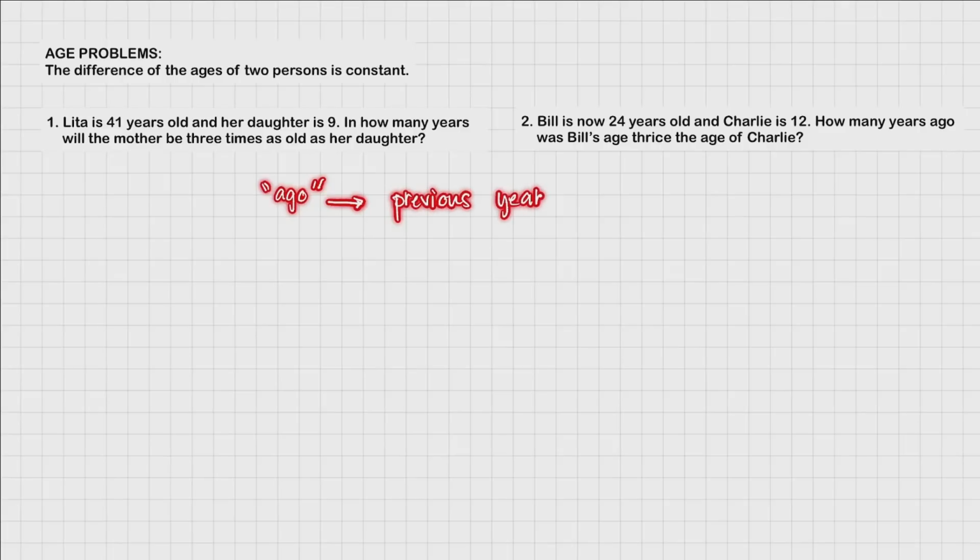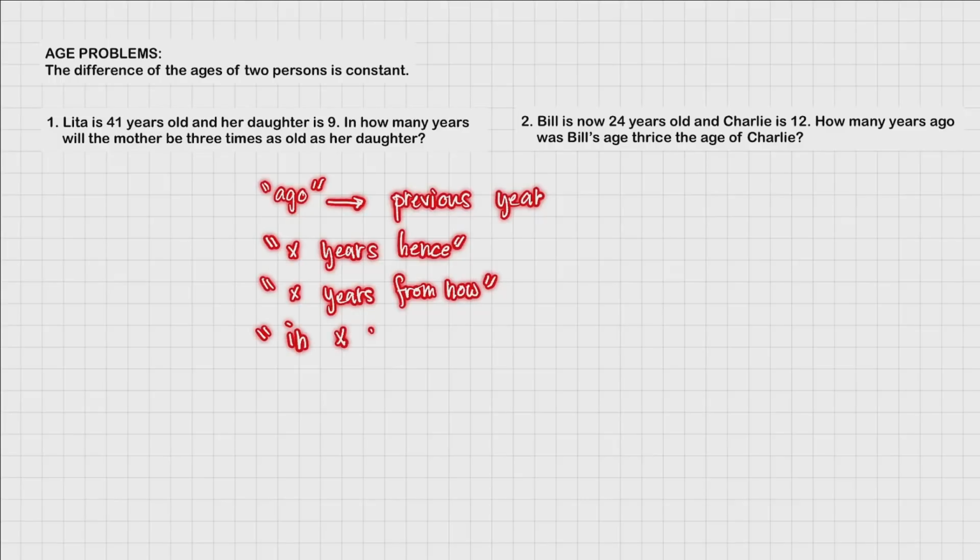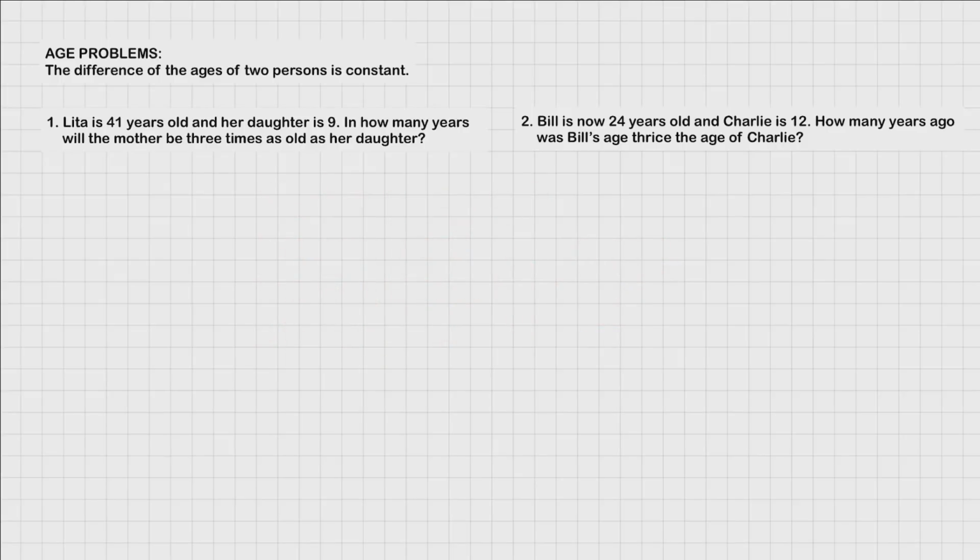Or, on the other hand, you'd encounter words like "x years hence," or "x years from now," or "in x years," which would all refer to x years in the future. Alright. So, the main principle here is that the difference between the ages of two persons is constant.